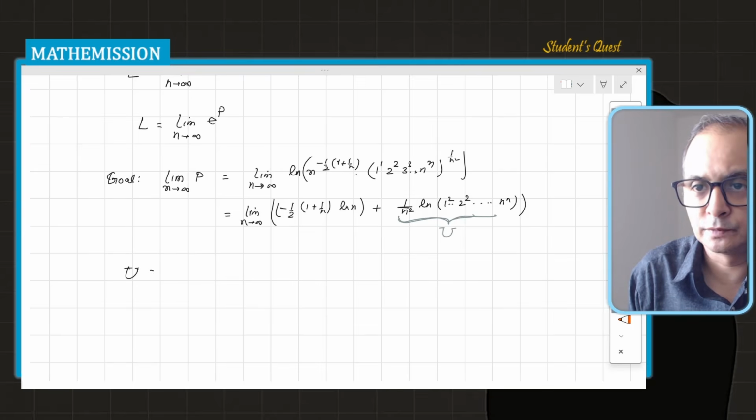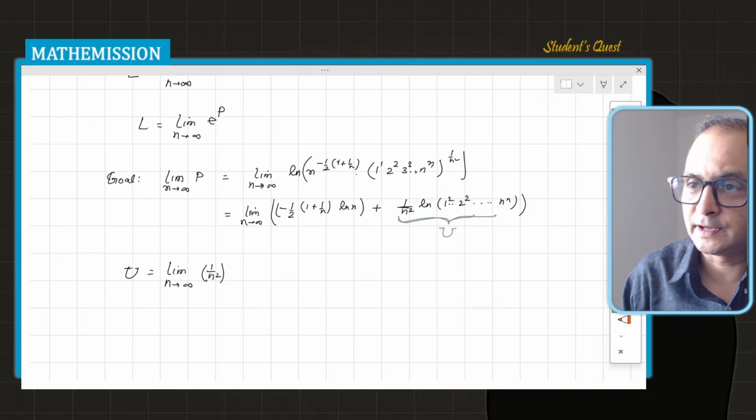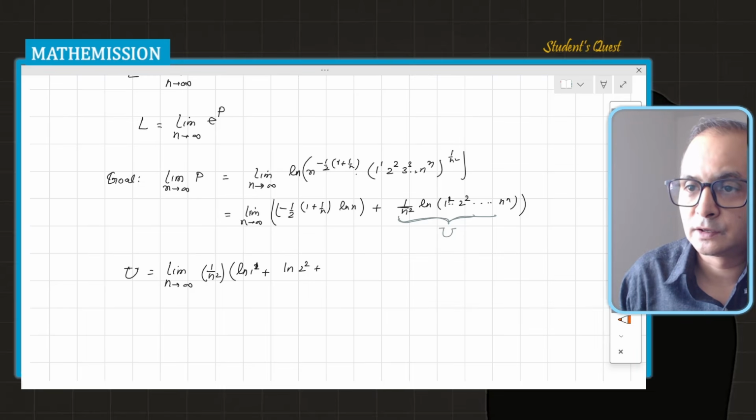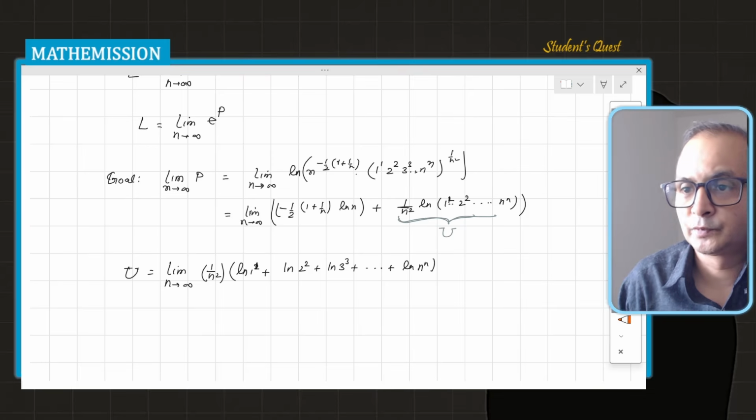So I have u, and that thing I have to find: limit n approaches infinity 1 by n square. And notice that I can write this log by using the property of log as log 1 square plus log 2 square, 1 square, not 1 to the power 1 rather, then log 3 cubed up to log n to the power n.